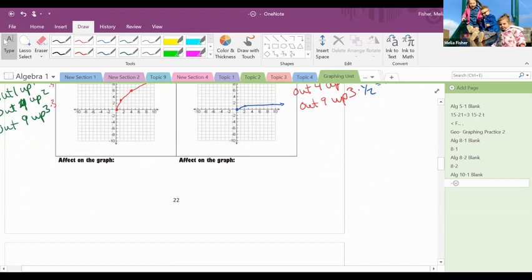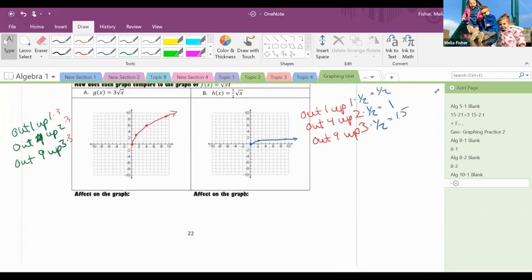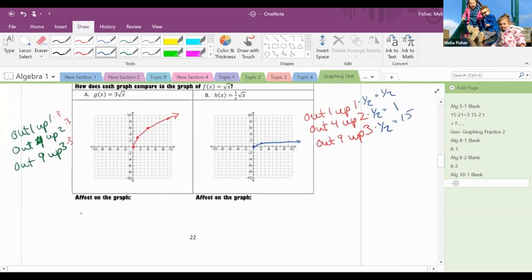All right. So domain and range didn't change, but the steepness did, right? More steep, less steep. So this is called the vertical stretch.